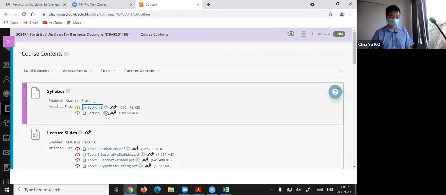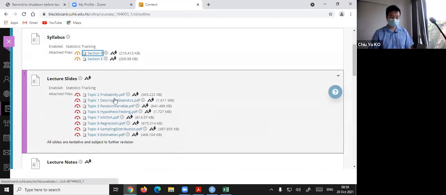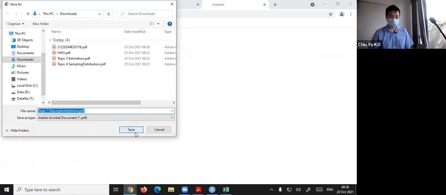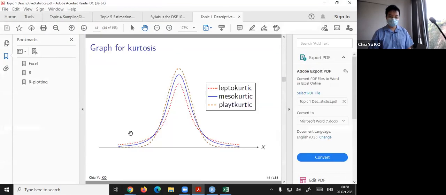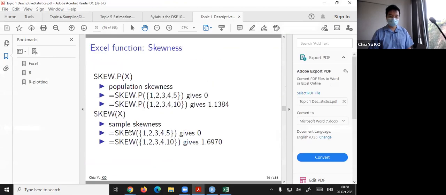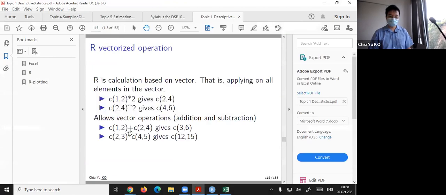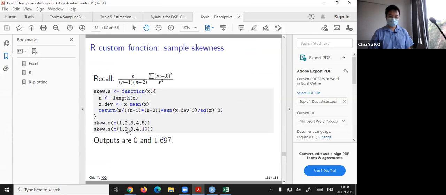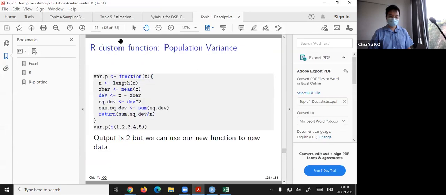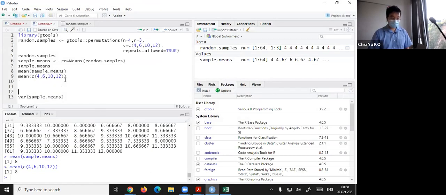I think we defined it. So let's go back to chapter 1. Let me grab the function over there because we want the population version. I just copy this, variance dot p. We need to use this function.